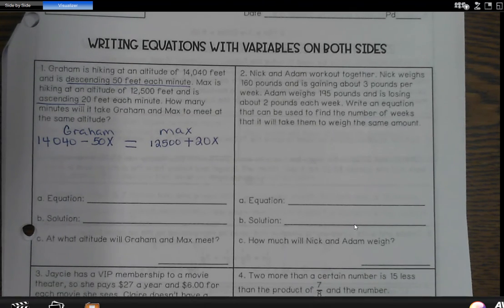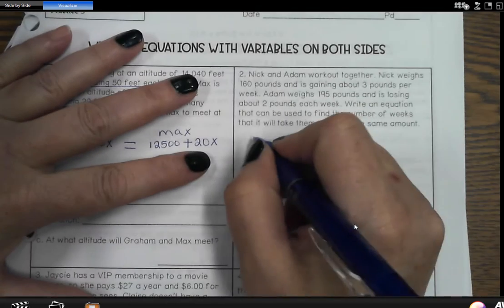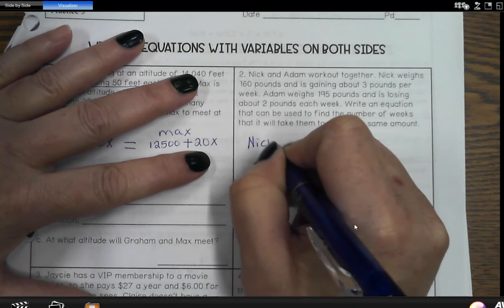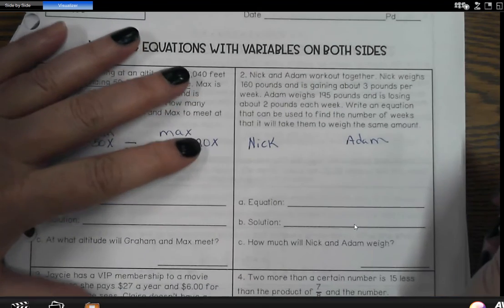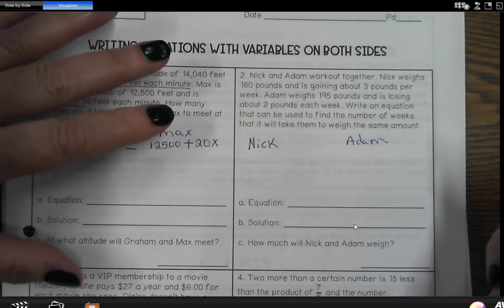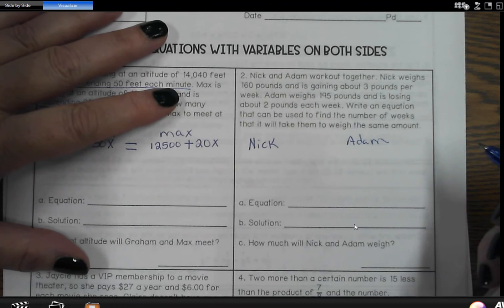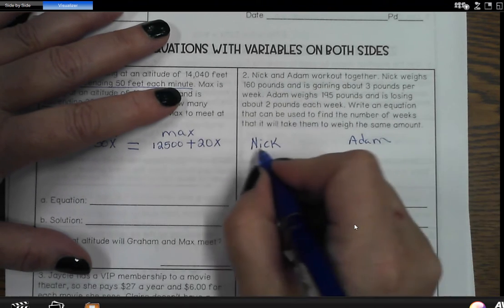All right, I got 2 people, Nick and Adam. Nick weighs 160 pounds and is gaining about 3 pounds per week. How would I write that?